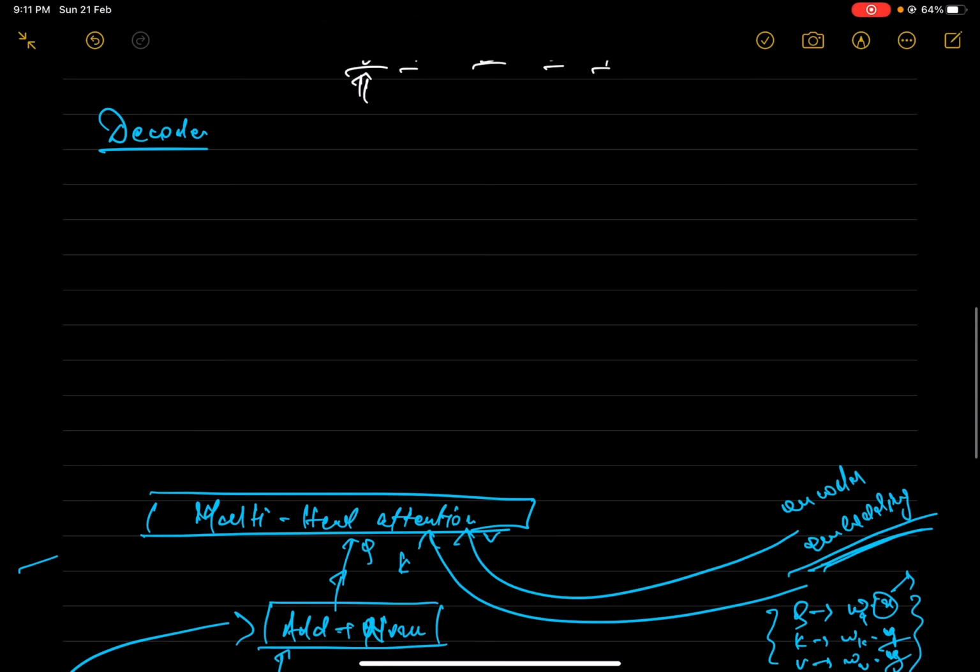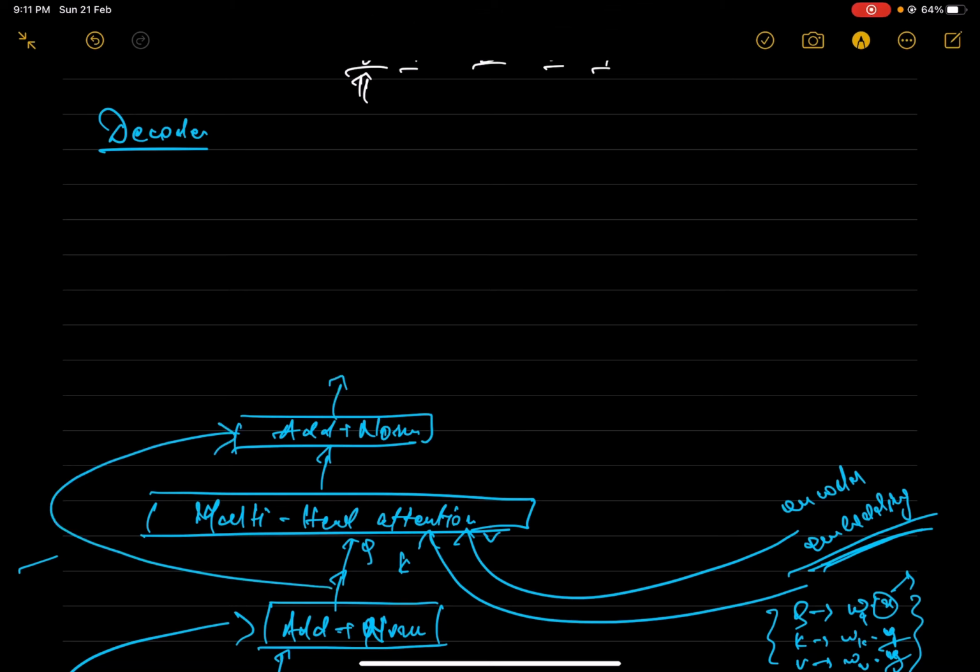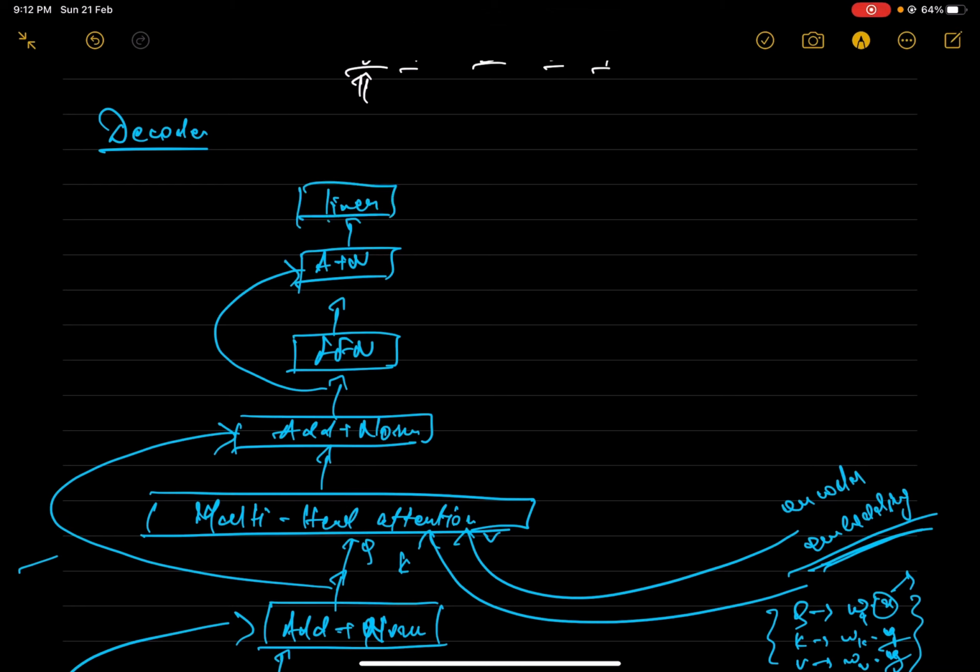Okay, this multi-head attention layer is followed by another add plus norm layer with a residual connection, then again a feed forward network, another add plus norm layer with a residual connection, followed by a linear and a softmax activation function to produce the word, just one word.